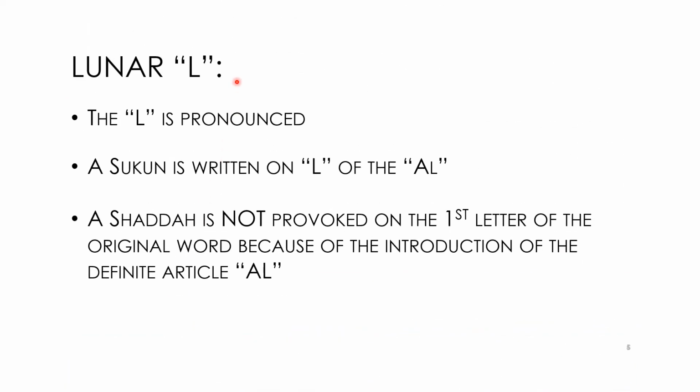Let's have a closer look at the lunar lam of the definite article. The lam sound, that L sound, will be pronounced. A sukun is usually written on the lam of the definite article, and more importantly, a shadda is not provoked. You are not going to see a shadda on the first letter of the original word because of the introduction of the definite article.